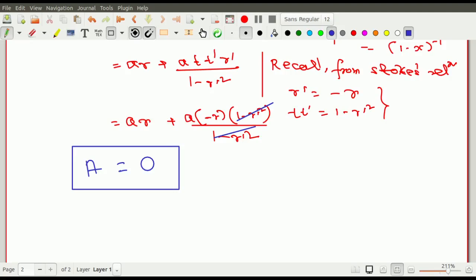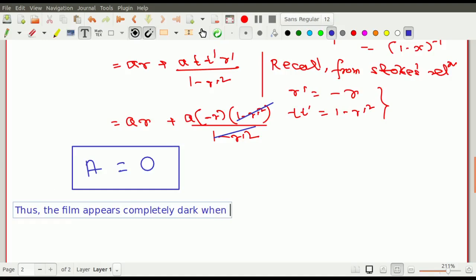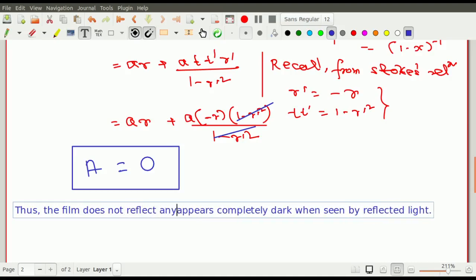So let me write it. I write the conclusion: thus the film does not reflect any light and hence appears completely dark when seen by reflected light.